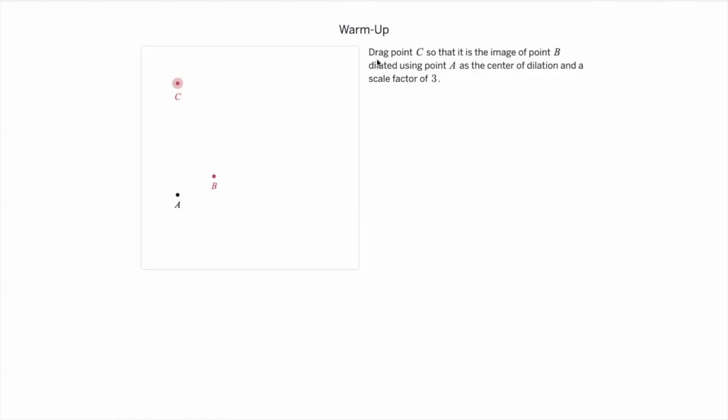This one says drag point C so that it's the image of point B dilated using point A as the center of dilation and a scale factor of 3. So in my notes, if I were you and I was taking notes, I would mark a little point A and I would label that center of dilation.